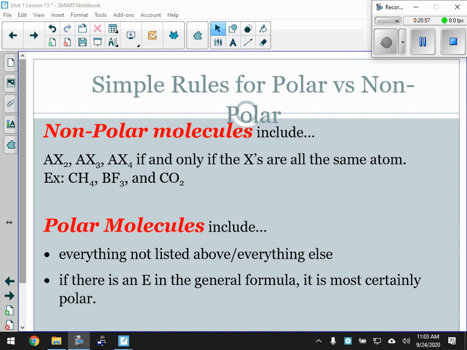If the formula that we talked about yesterday, and we're going to do again today, is AX2, AX3, or AX4, and the X's are the same atom, like for example CH4, then it's nonpolar. BF3, best friends forever.